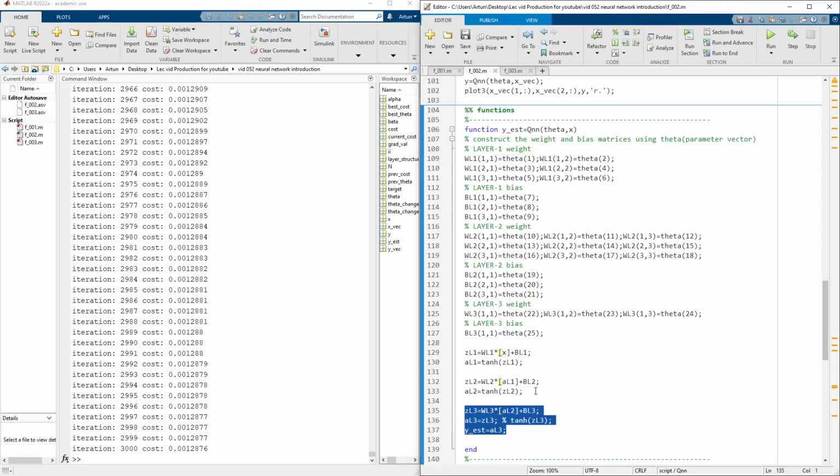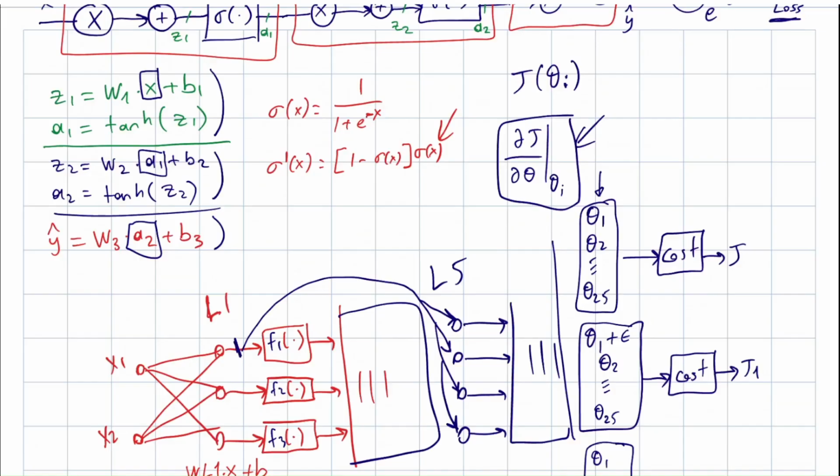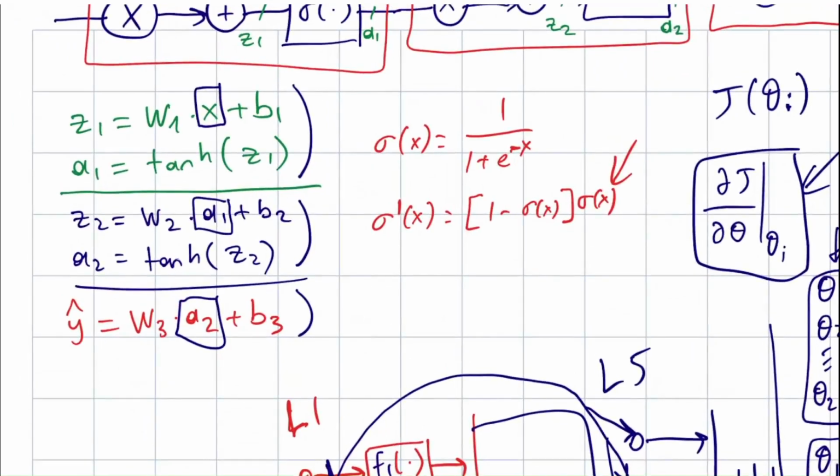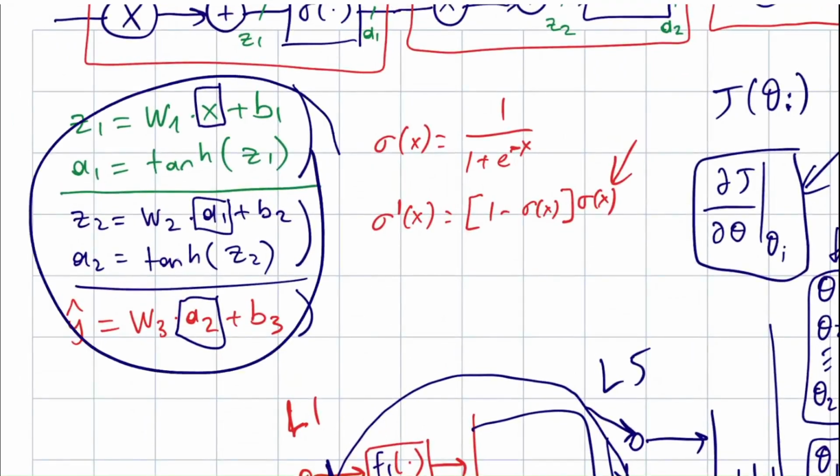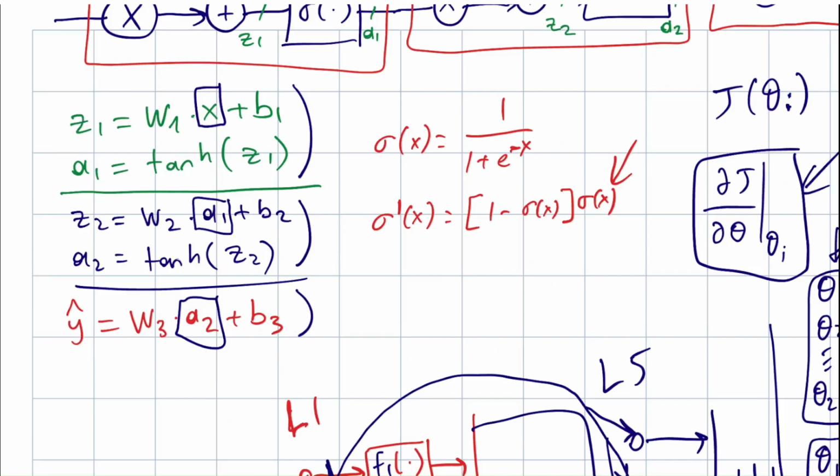We have looked at those equations on the tablet, and maybe I should get back to that. Here you can see, this is literally what we typed in Matlab. Let's change the screen.